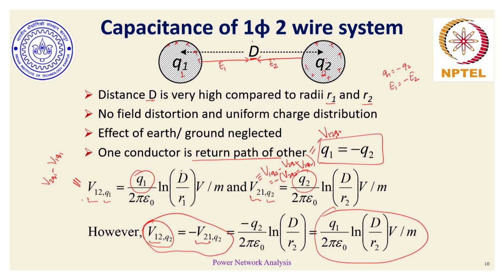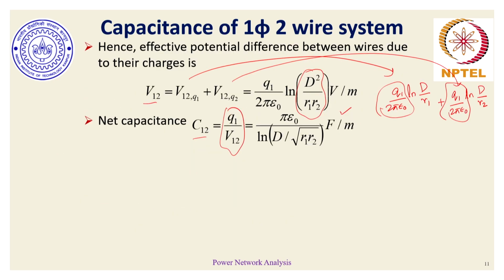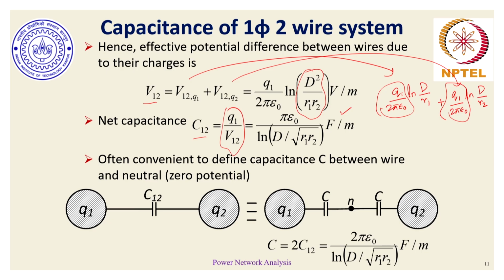So if I talk about a point which is at the midpoint from these two surfaces, the effective electric field intensities cross out. So there comes a point in between these two charged conductors where the potential difference would be perfectly zero, and we can denote that point as a neutral point or a zero potential point.